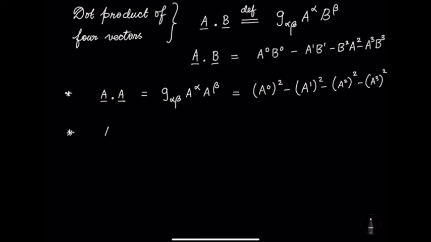What if I have the dot product of A plus B with itself?